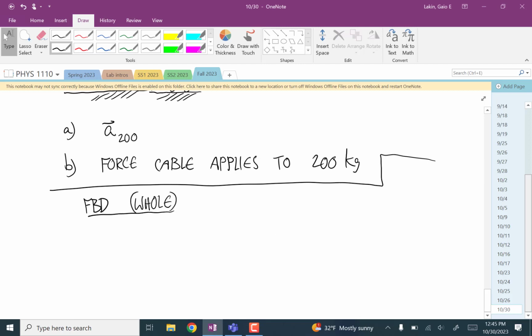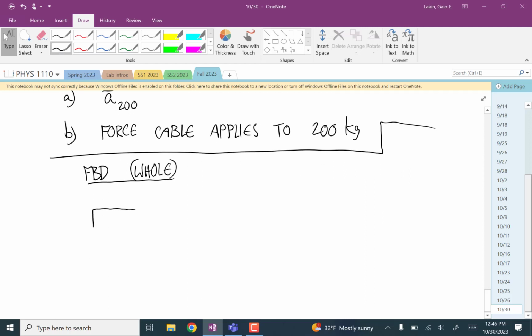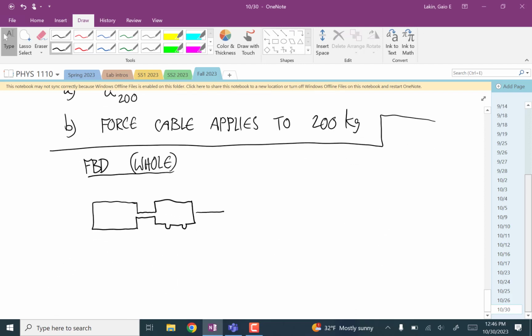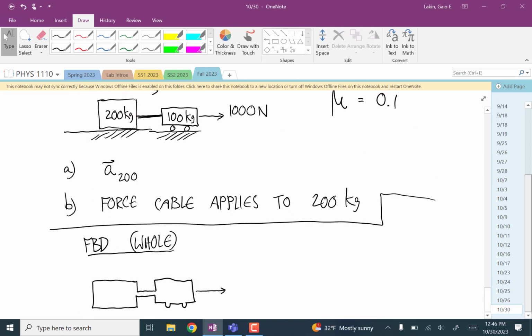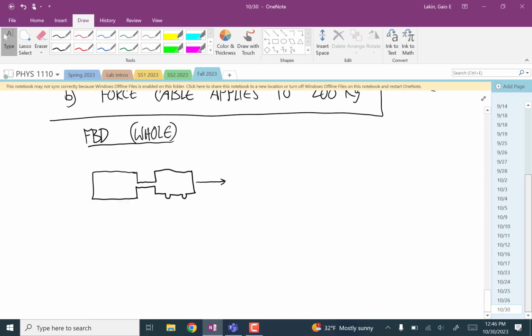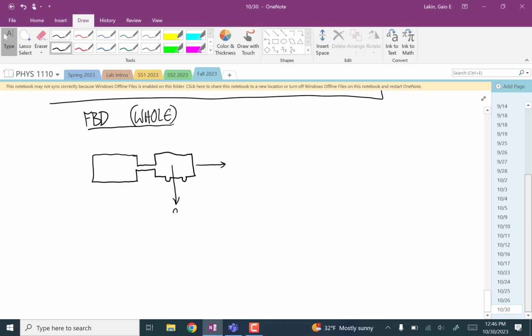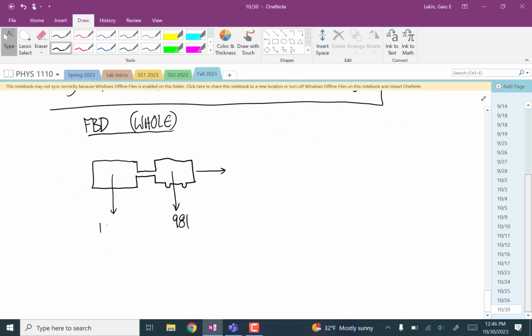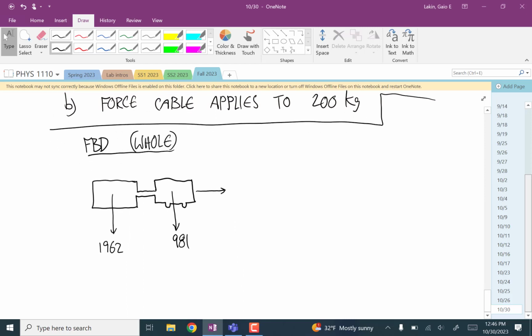So that would look like this. So there are the two bodies. There's the 1,000 newton force here. There is 981 for the weight there, and 1962 for the weight there. On the rolling cart, there's a pushing force.